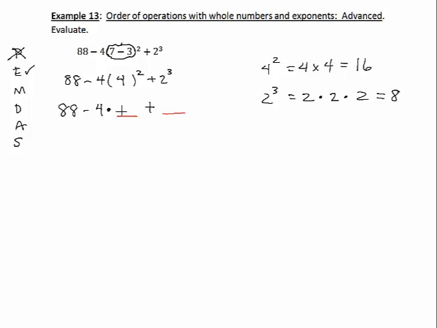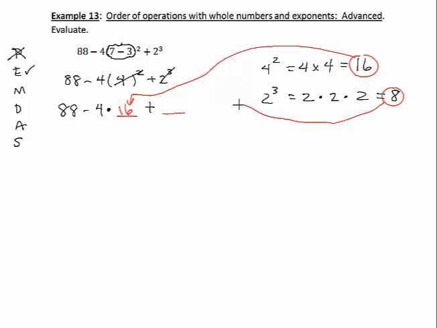Now, I strike these out. I've calculated my exponents, and I say, I'm going to try to color code this a little bit. This 16 goes right there, and this 8 replaces the 2 to the third, so the 8 goes right there.